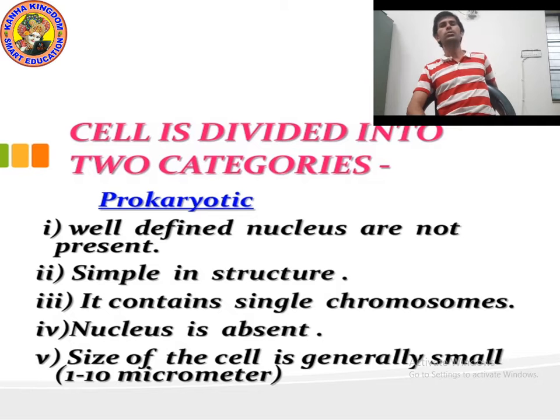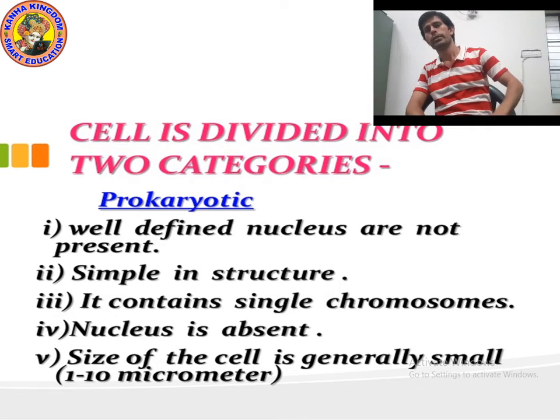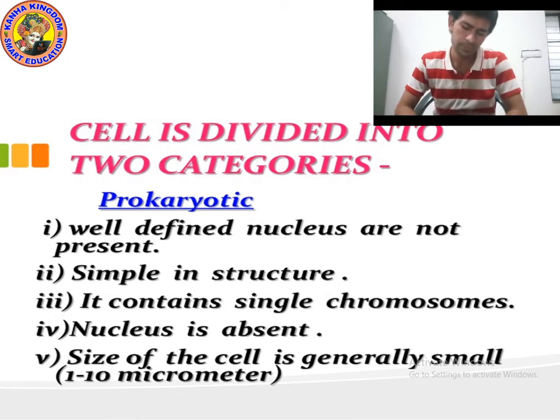First is the prokaryotic cell. In a prokaryotic cell, the nucleus is absent, or a well-defined nucleus is not present.